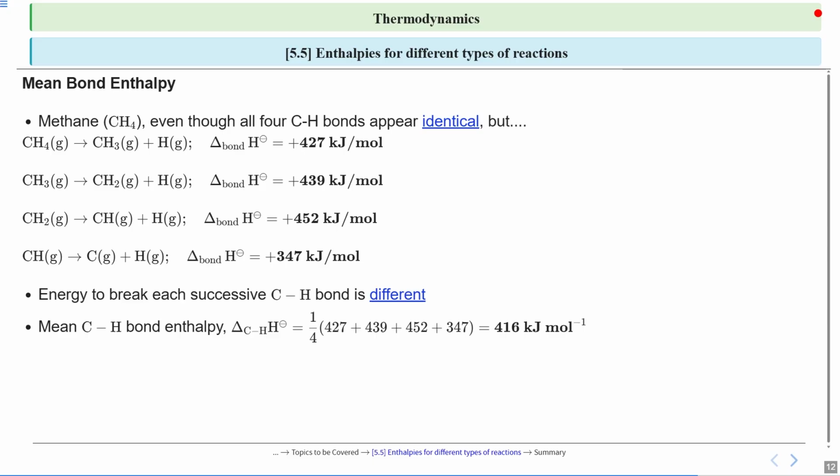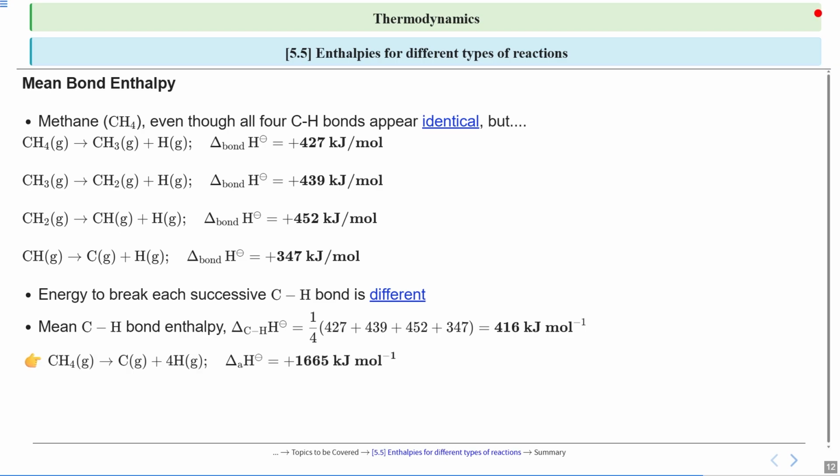We add all of these 4 values and divide by 4 to get the mean CH bond enthalpy as 416 kilojoule per mole. Now, if someone asks you what the bond dissociation enthalpy is, you will simply say 416 kilojoule per mole. Why? Because we have to take the mean and not the value for any individual breaking of a CH bond.